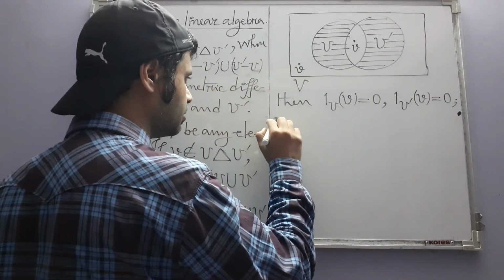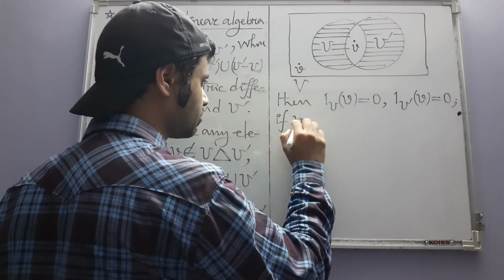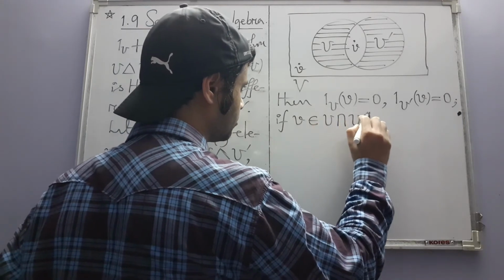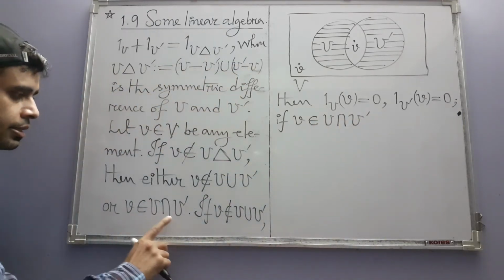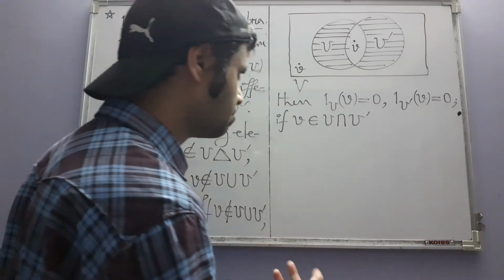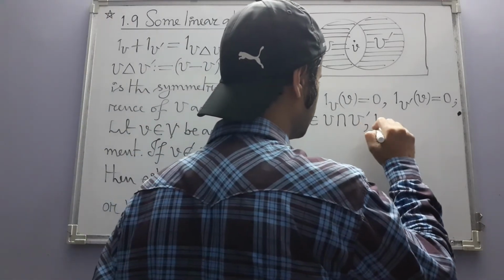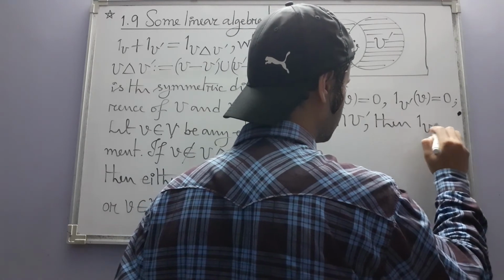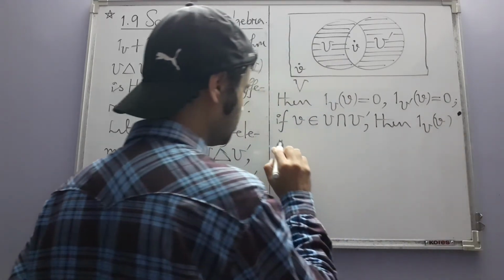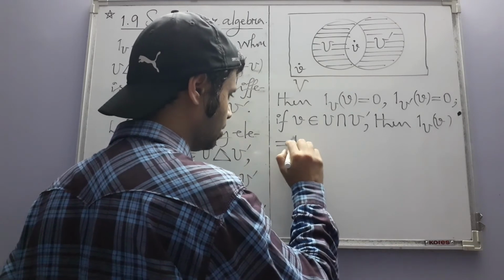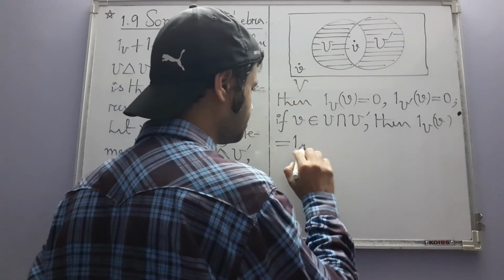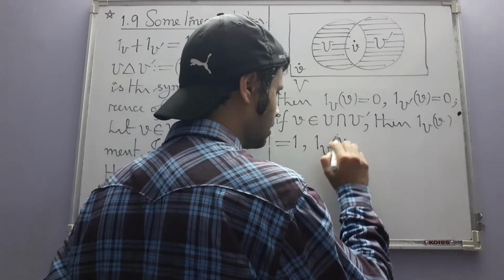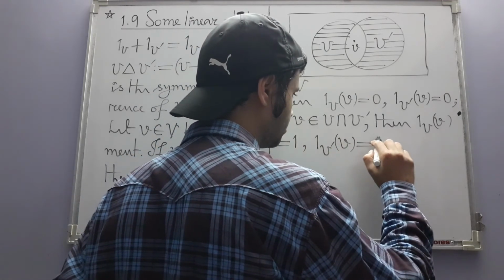On the other hand, if phi belongs to their intersection, that is the other case, then phi belongs to both of them, so this value is equal to 1, and the other value is also equal to 1.